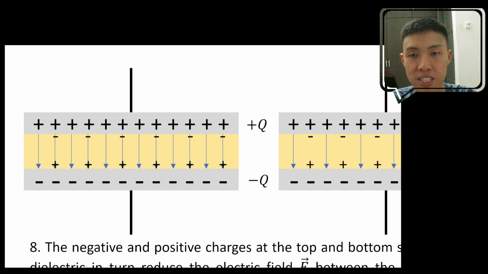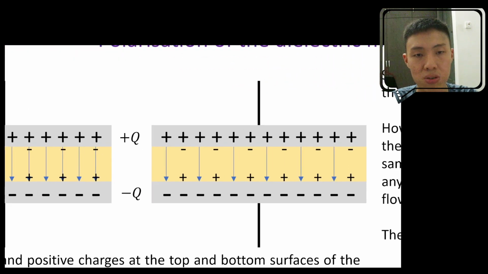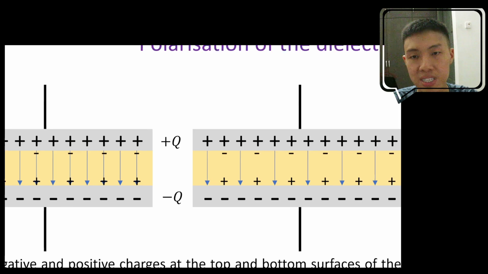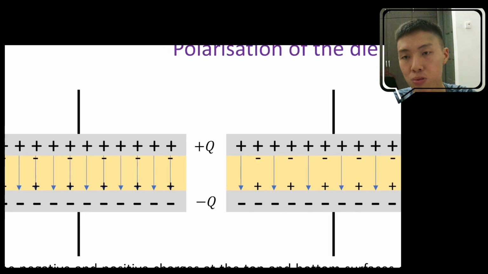Because of this opposite direction electric field, it weakens the original electric field produced by the capacitor plate. Some of the original capacitor plate electric field has been cancelled out by the electric field produced by the dielectric material itself.